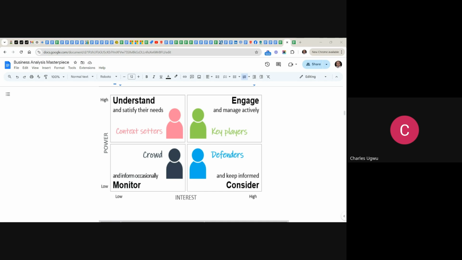In this scenario, you are a business analyst working with Accenture, and you have a client. Let's say a client like Nearest. They contacted Accenture to help them implement, because most of these companies do what we call outsourcing.